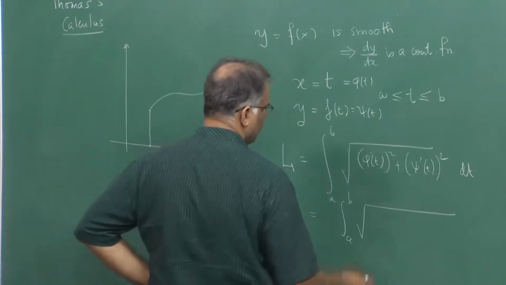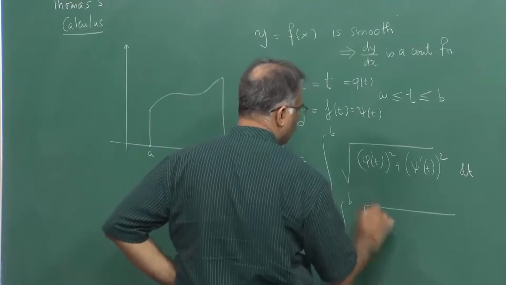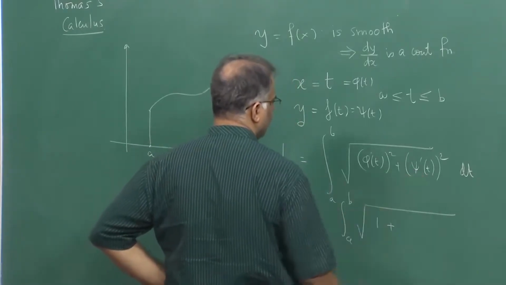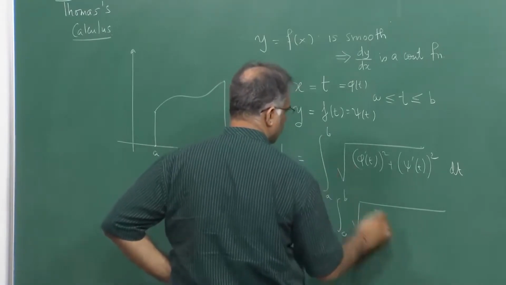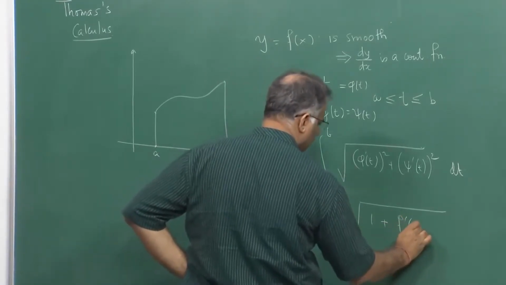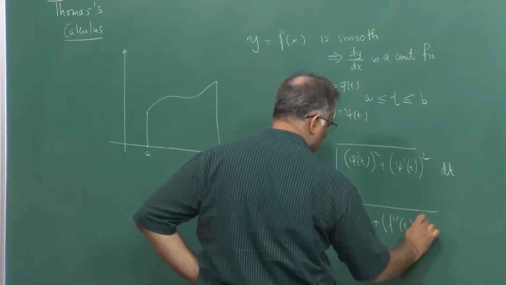Phi dash t is 1. What is psi dash t? Psi dash t is f dash t whole square.